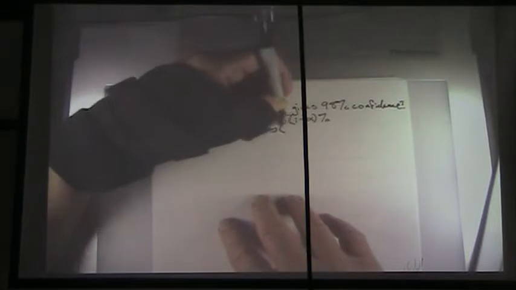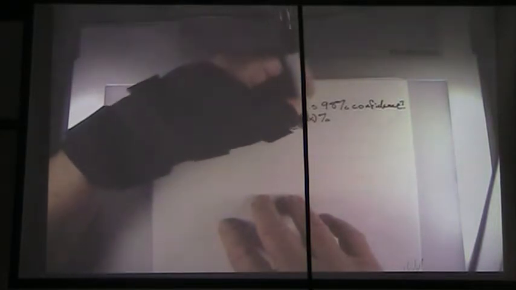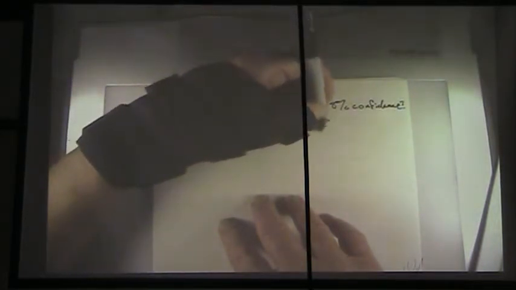All right, so I'm going to substitute that into the equation. 98% equals 100 times the quantity 1 minus alpha percent.